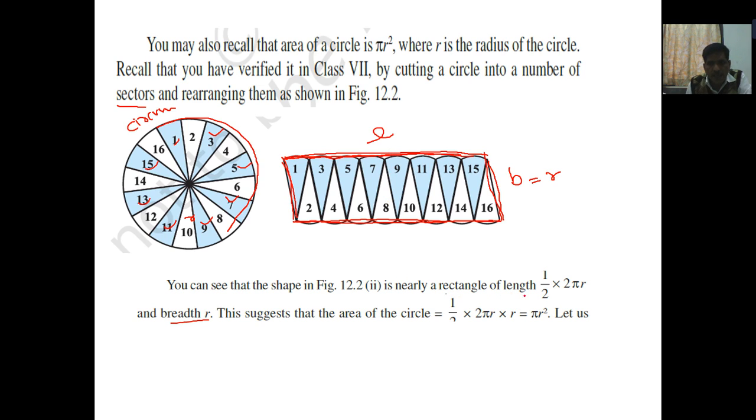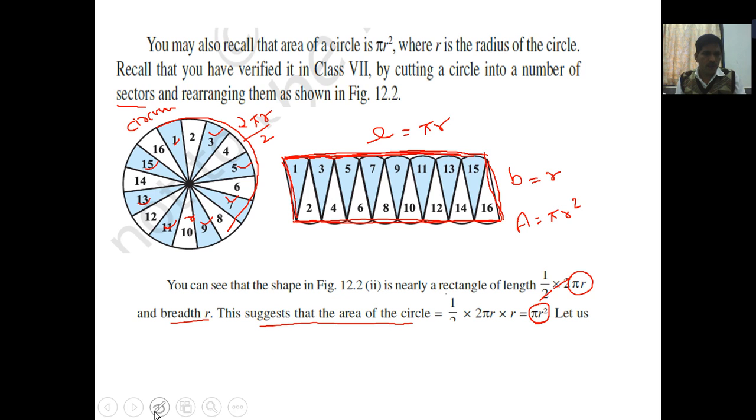So the rectangle's length is half of 2 pi r, half of 2 pi r, because only one is there. Circumference is 2 pi r. So 2 pi r divided by 2, we get pi r. So length is pi r and breadth is radius. So area of a circle is equal to pi r square. So the area of circle formula is pi r square.